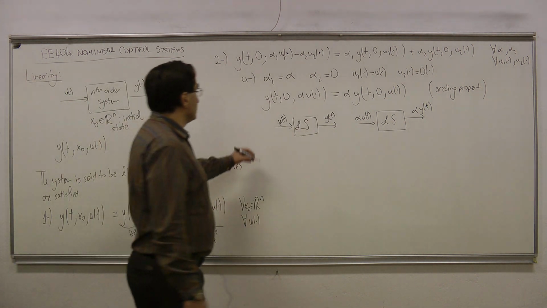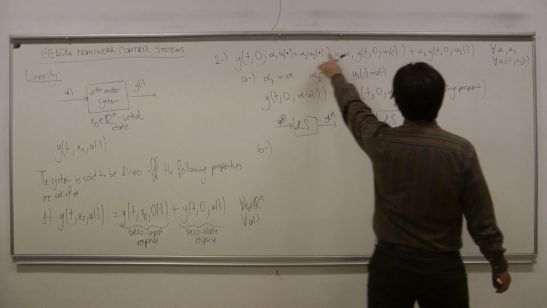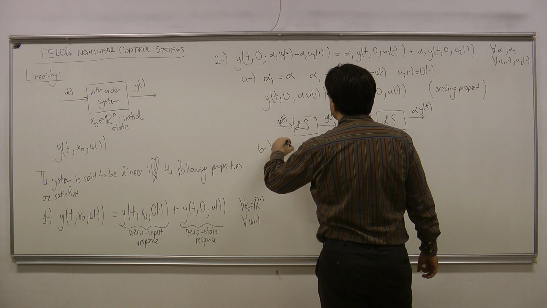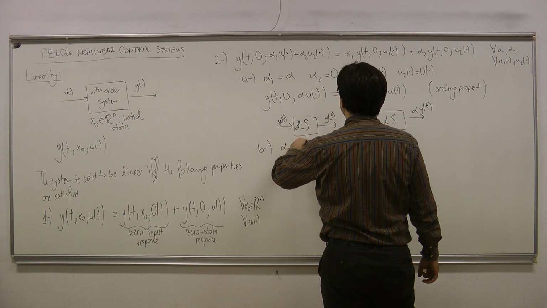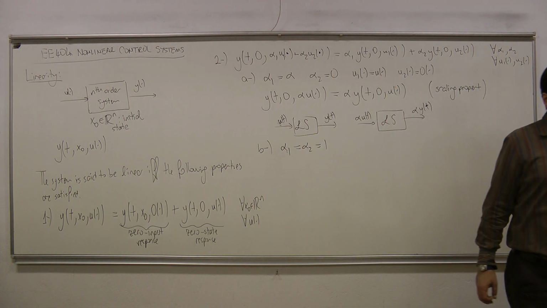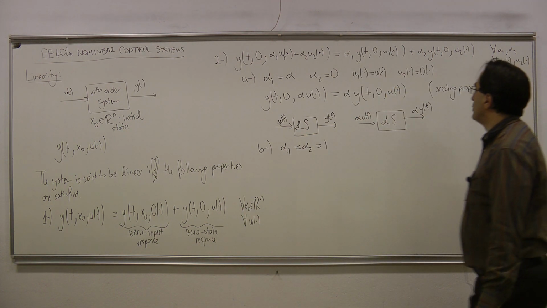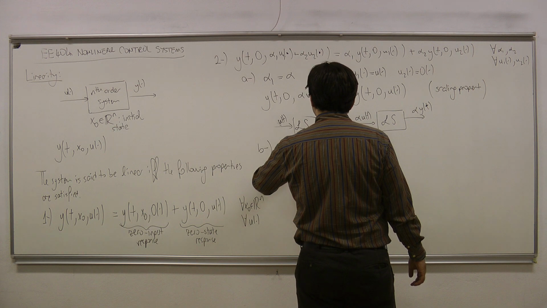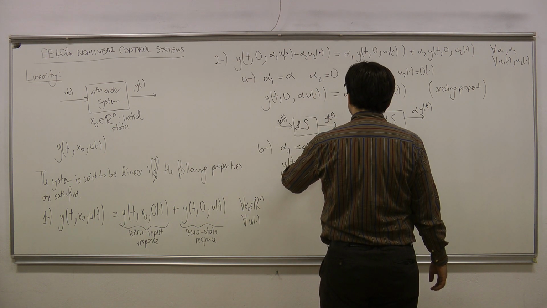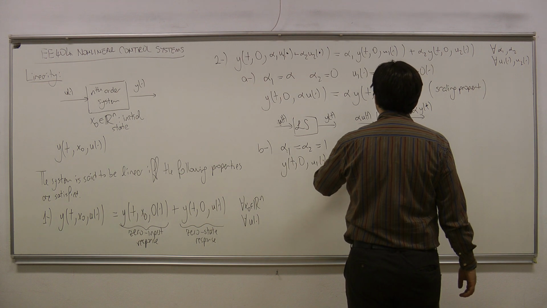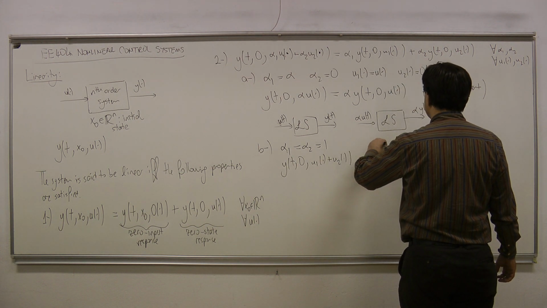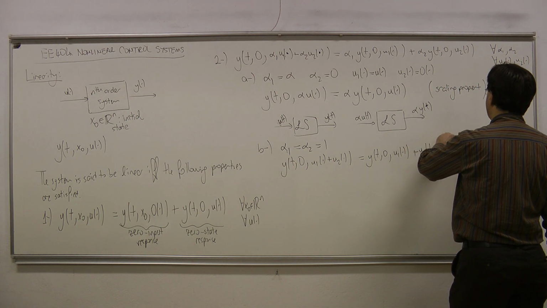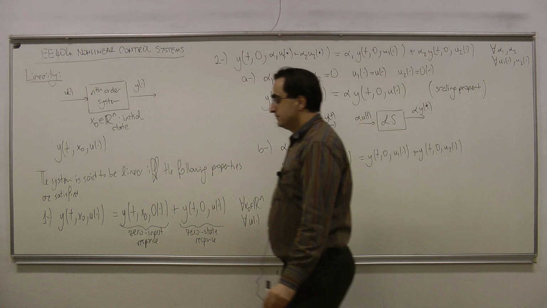So I can derive another property from this single property. In order to be able to do that, I will make the following selection. Alpha 1 is equal to alpha 2 equals to 1. Let us choose both of the coefficients to be 1. And then what is going to happen to this property? y(t0, u1 plus u2) is equal to y(t0, u1) plus y(t0, u2).